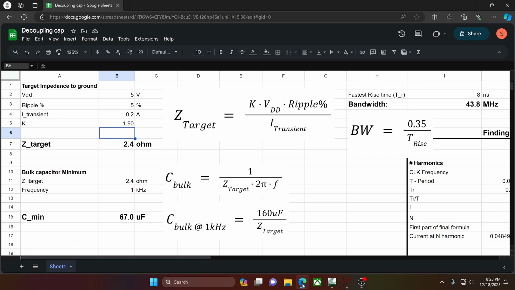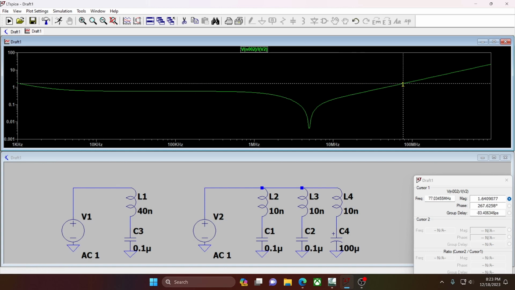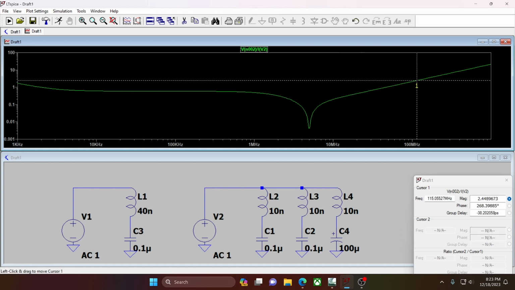That's actually 2.4. Wait, we're at 2.4. Good lord. Okay, we're over 100 megahertz. We are fine. This is perfect. This is pretty flat, which is awesome.